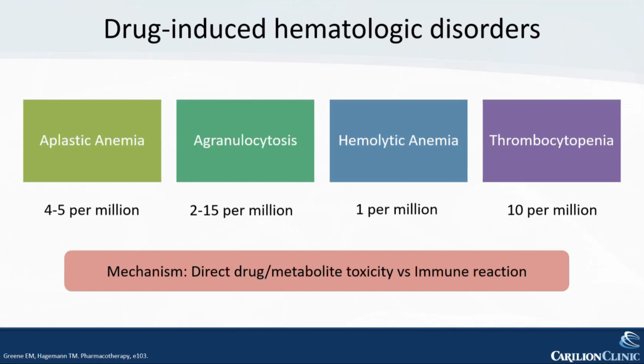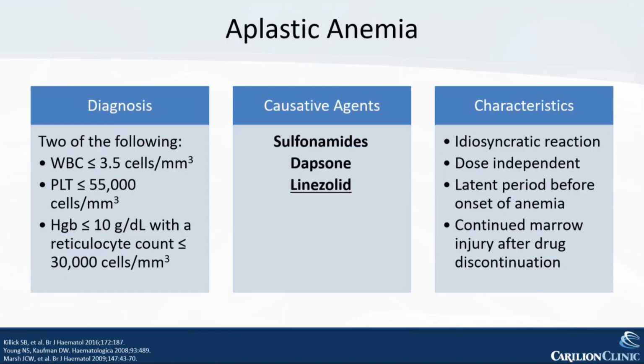In some cases, we don't actually know the cause, but we may have assumptions. So starting off with aplastic anemia, where we see a significant drop of multiple cell lines for patients. Our causative agents, we can see this with sulfonamides, dapsone, but probably the most common agent that we see it with would be linezolid. And by saying the most common, it's still relatively rare.